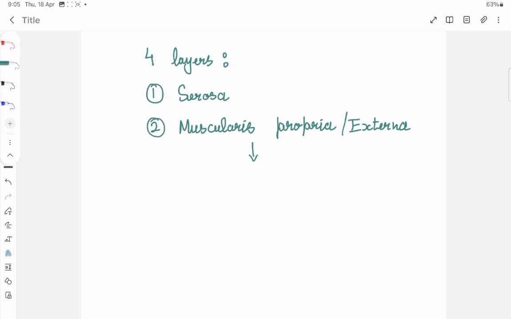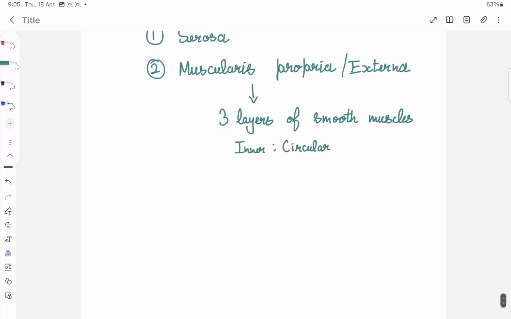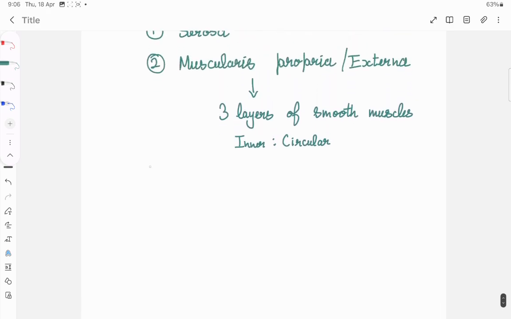It has 3 layers of smooth muscle, and the inner is circular. The third layer is submucosa. This is the collagen rich layer, and it is the strongest layer of the gastric wall.